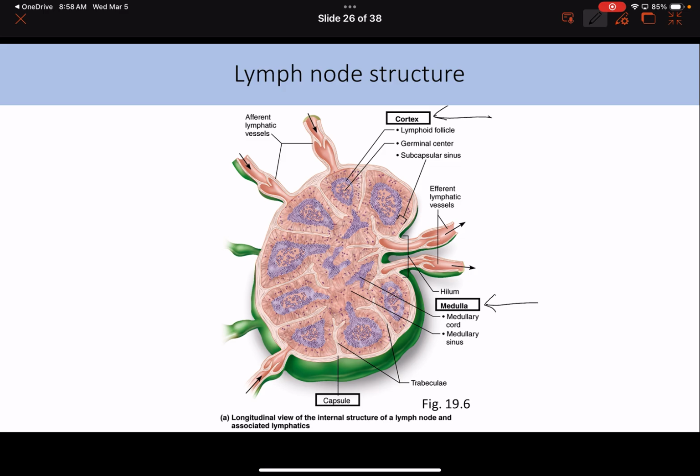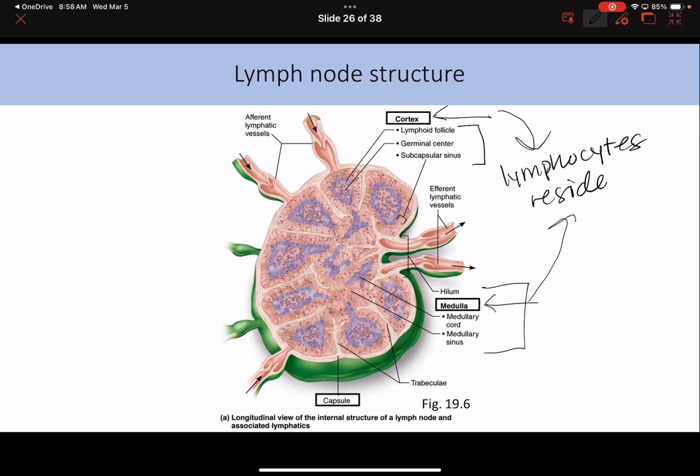We have a capsule for protection, and we have a medulla and a cortex. Both the medulla and the cortex, so everywhere within the lymph node, is where the lymphocytes reside. They live throughout the lymph node.